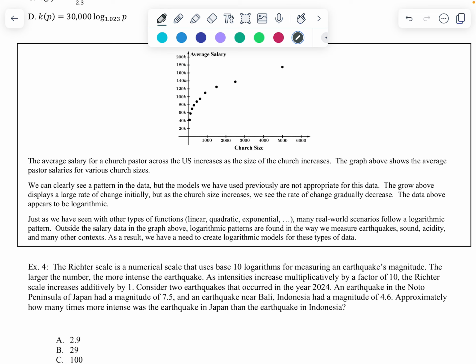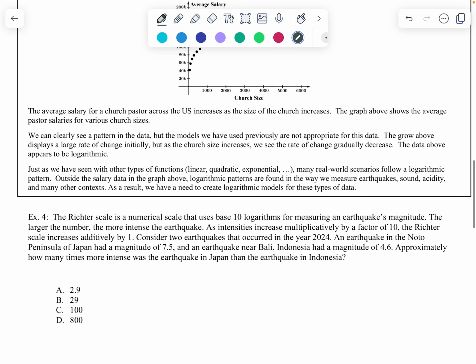All right, so basically this is saying that when we have a measure of earthquakes, they use what's called a Richter scale, which ends up using a logarithmic pattern to determine their measures. So if we look here, the Richter scale is a numerical scale that uses base 10 logarithmic functions to measure an earthquake's magnitude. The larger the number, the more intense the earthquake.